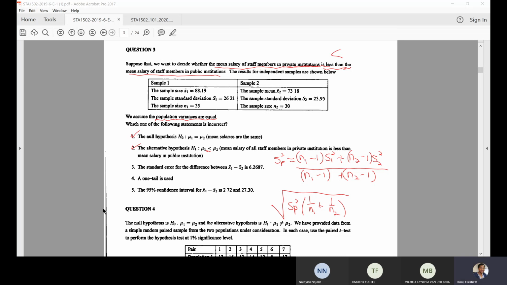Michelle, do you agree? I was still calculating the pooled variance. It took me longer to get there. Wait a bit.